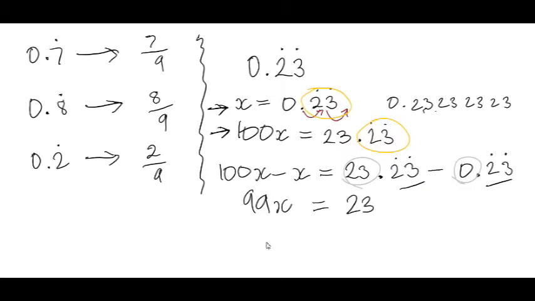And using our method of dividing both sides by the number that we don't want on the left there, we want x by itself, so we need to get rid of 99. So we divide both sides by 99 like that. So what do we end up with? We end up with x equals 23 over 99.